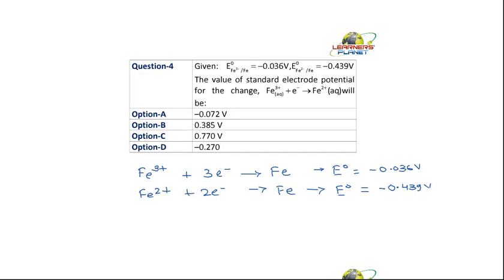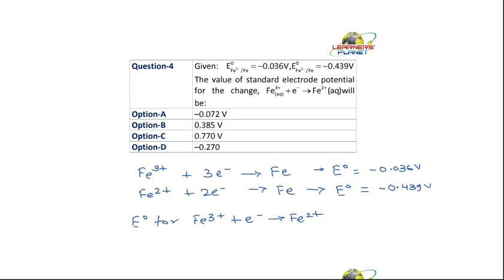The value of standard electrode potential for the change, you have to find out E naught for Fe3+ plus an electron to Fe2+, right? So you have to find out delta E.